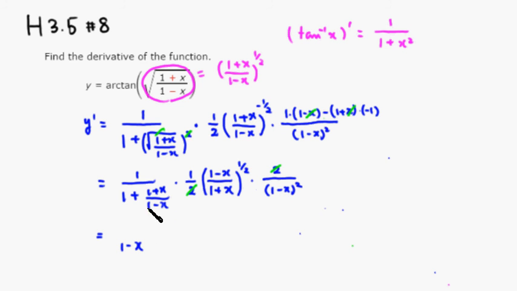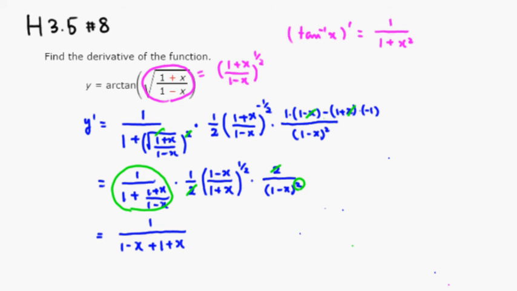And this times that, so this cancels out, so it's going to be plus 1 plus x over 1. Right? So I took care of this guy, and I used one of these guys.